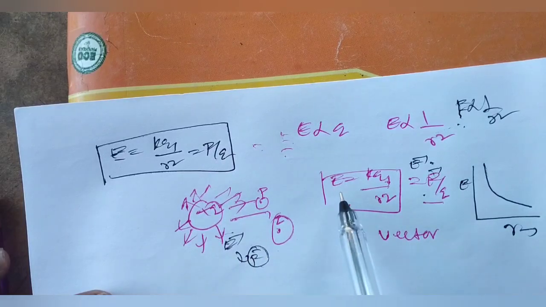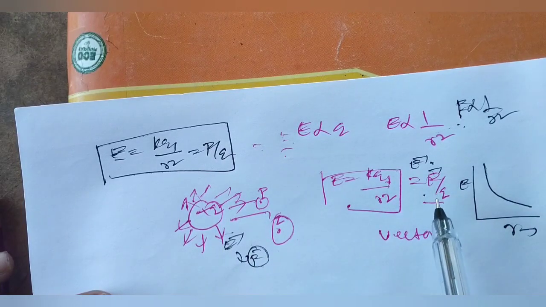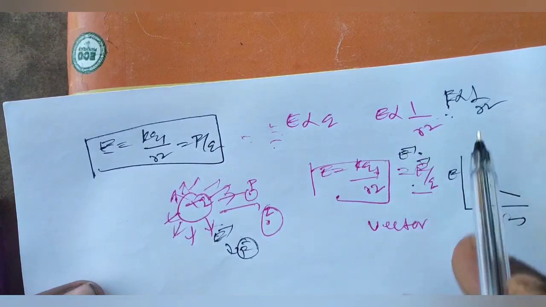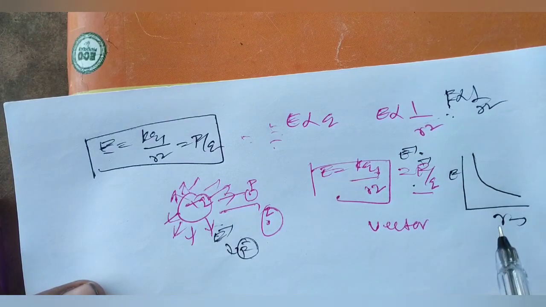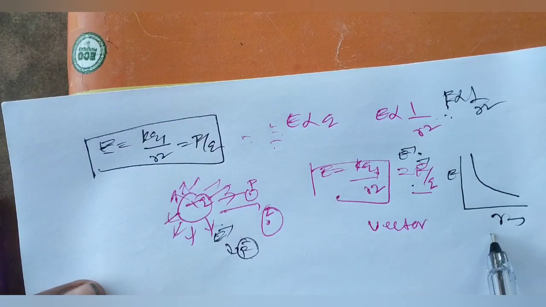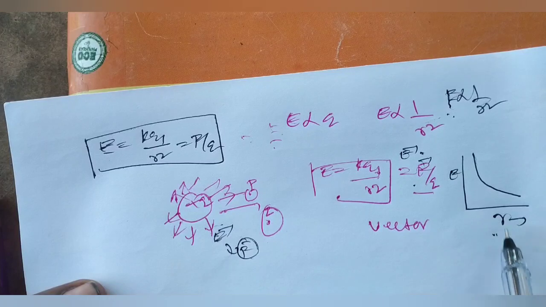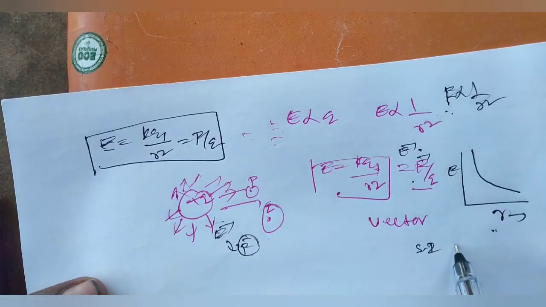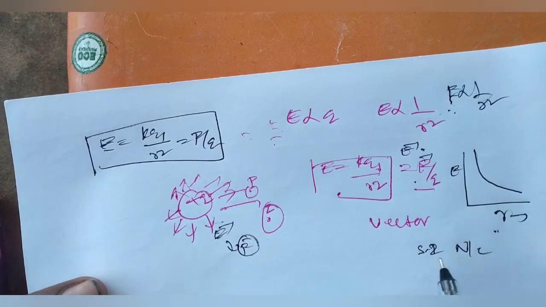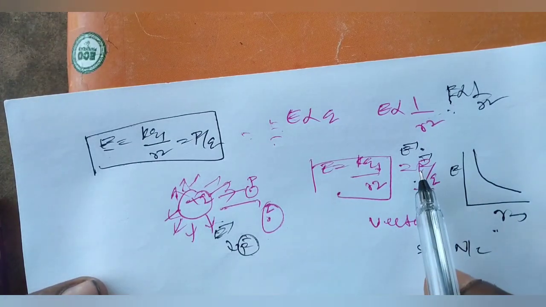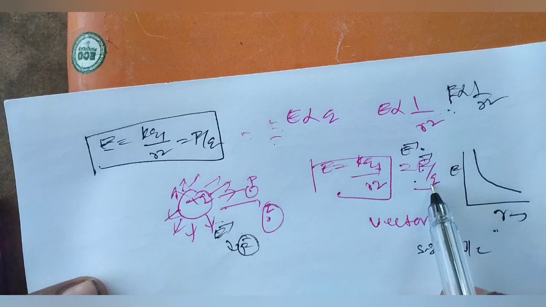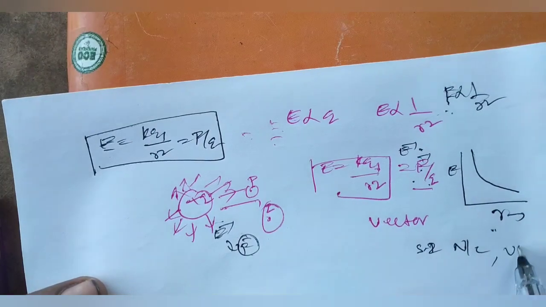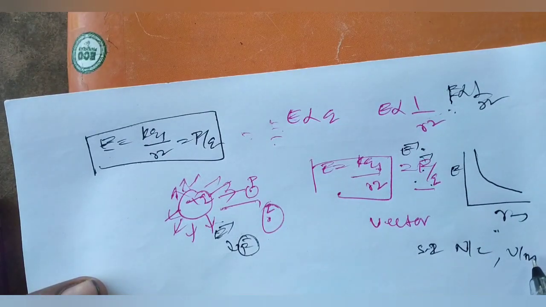E is equal to F by q; when the test charge is 1 coulomb, the electric field is equal to the force. That is the inverse square law between electric field and separation distance. The SI unit of electric field is Newton per coulomb, force in Newton divided by charge in coulomb, or volt per coulomb.